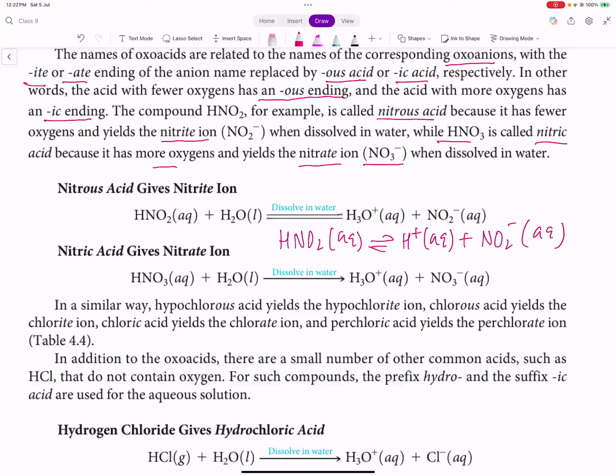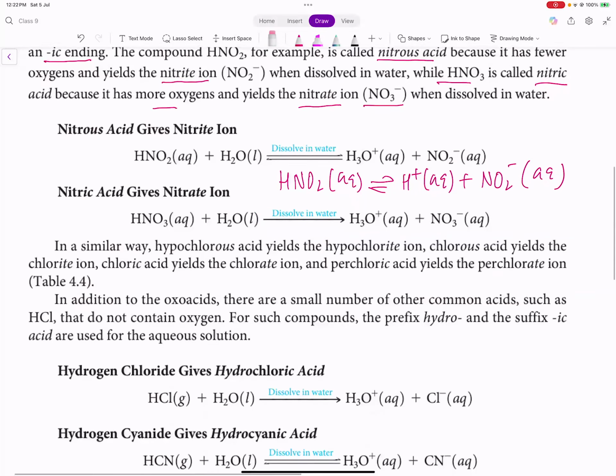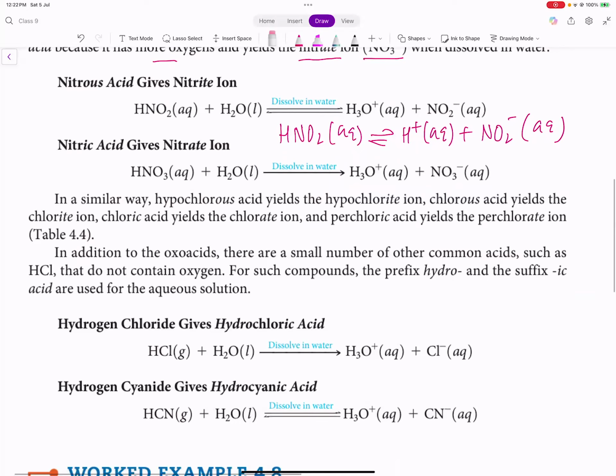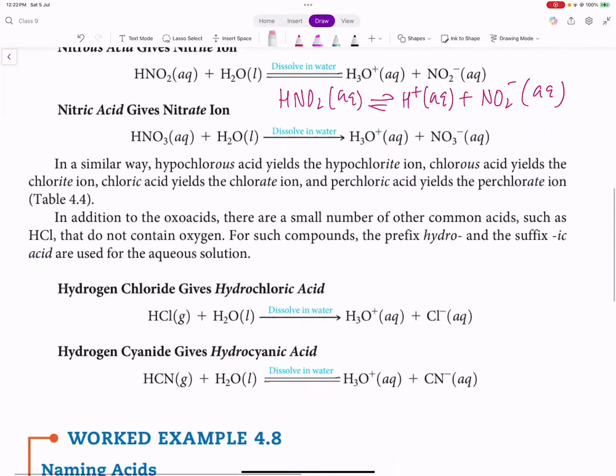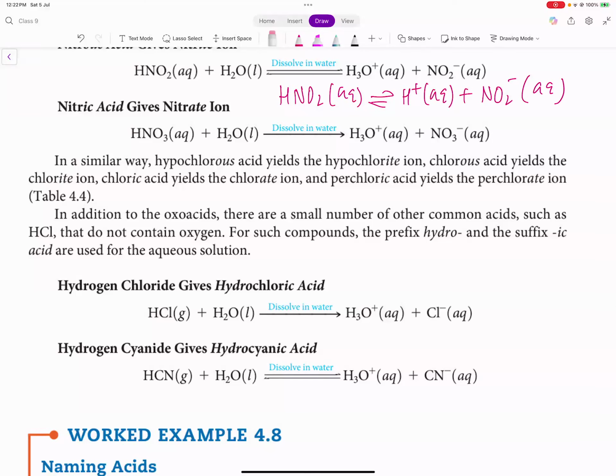And you can see that for HNO3, nitric acid, only a single arrow is there because it is a strong acid. HNO2 is a weak acid, so both forward and backward arrows are there, right? Hypochlorous acid gives hypochlorite ion, chlorous acid gives chlorite, chloric gives chlorate, and perchloric acid gives perchlorate ion, the same table which we discussed.